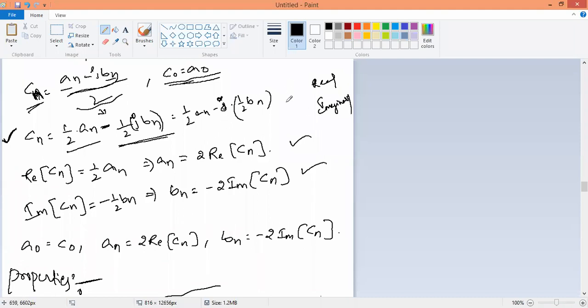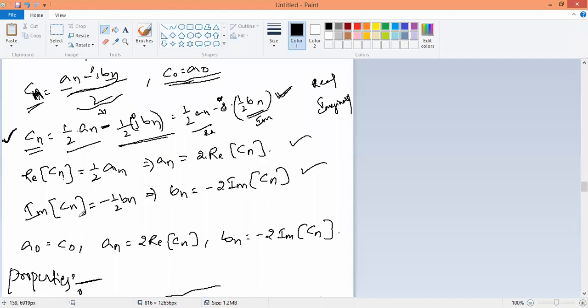Which is real and which is imaginary in this equation? 1 by 2 an is the real value and 1 by 2 bn is the imaginary part. The real value of Cn is 1 by 2 an, so an equals 2 into the real part of Cn.